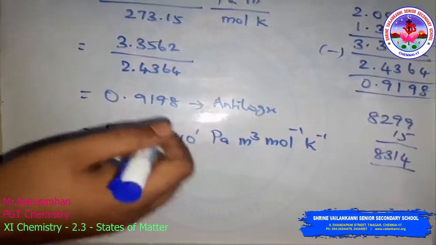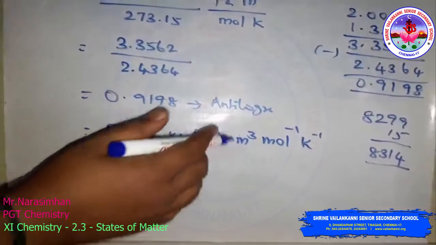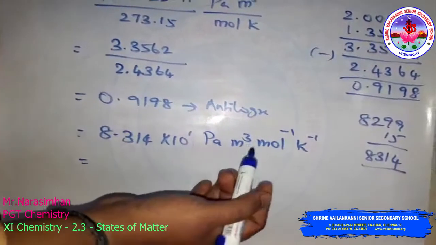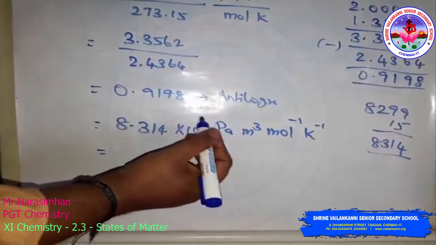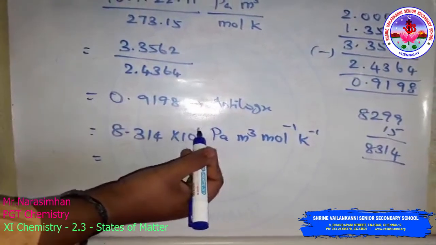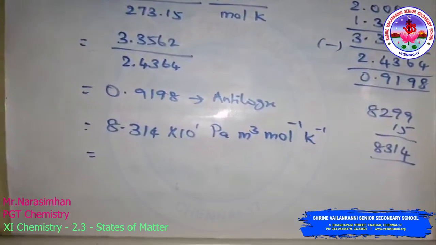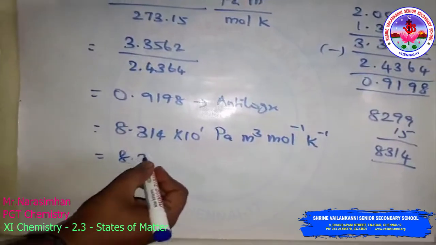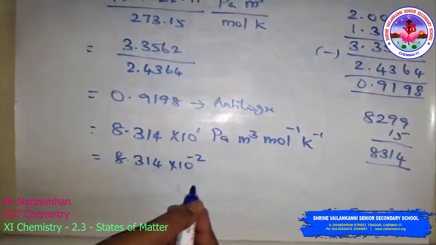That 1 into 1000 centimeter cube in that 1 meter cube divided by 10 power 6 centimeter cube, it will become that is 10 power minus 3. So it will become what? 10 power minus 3. The 10 power minus 3 and the 10 power minus 1 is equal to what? 10 power minus 2. So here you have to write 10 power minus 2, that is 8.314 into 10 power minus 2.